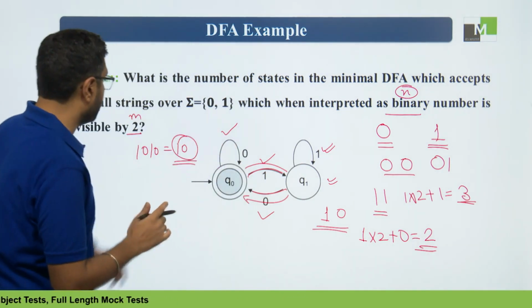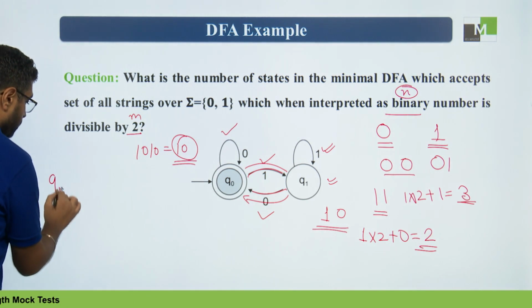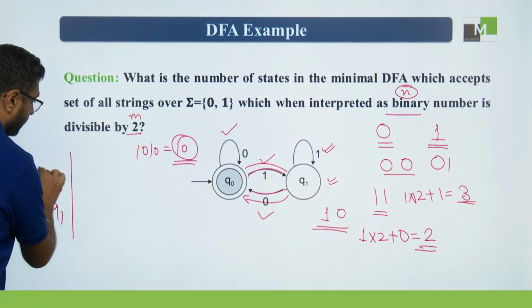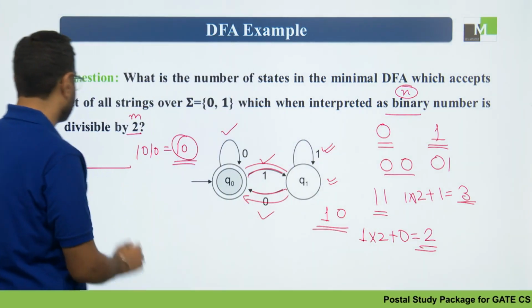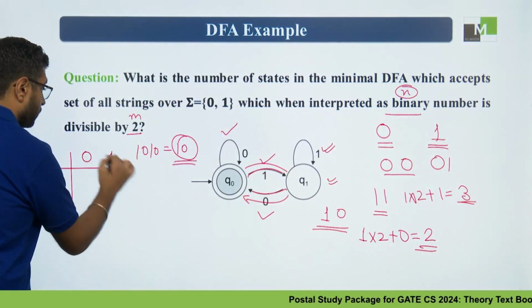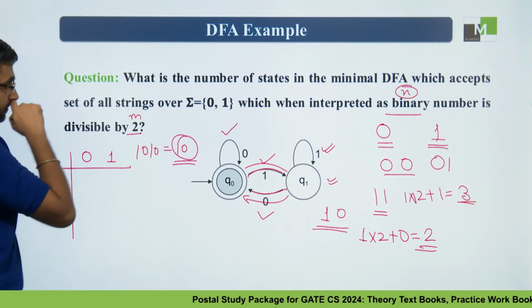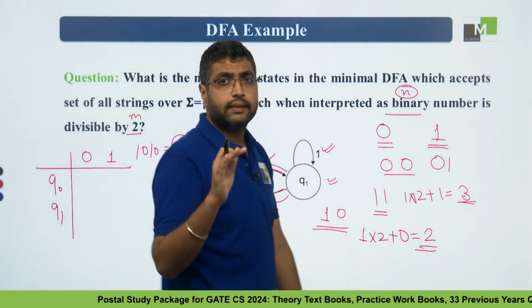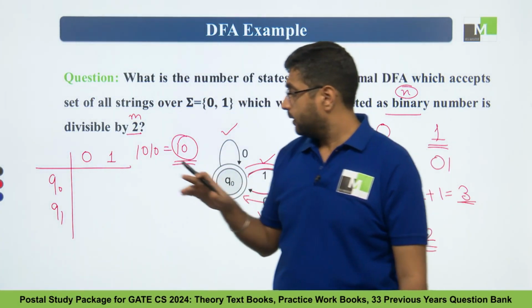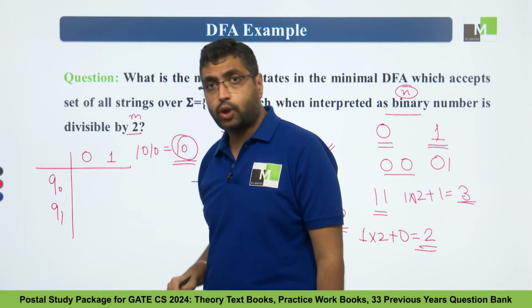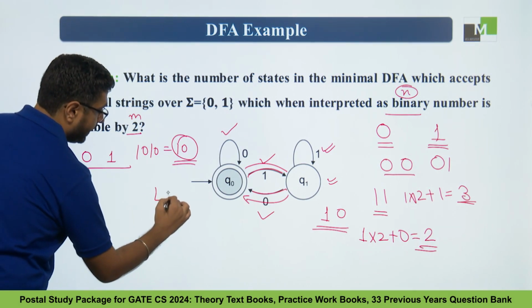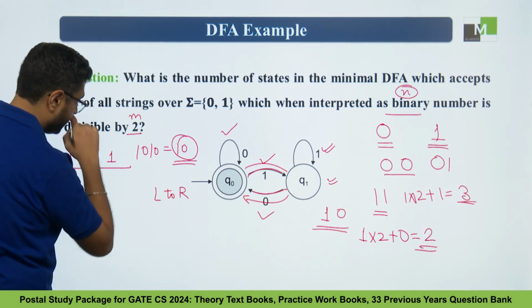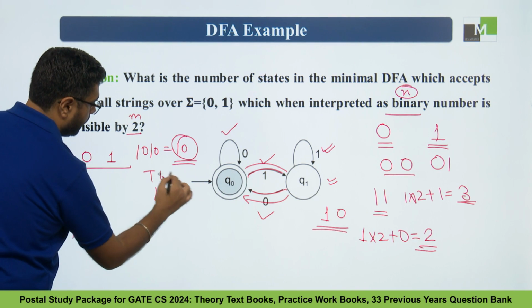Here you are dividing by 2, so the transition function will have two states, q0 and q1, and since it's binary, sigma has two symbols, 0 and 1. What you have to do is fill the states in a cyclic order starting from the top: top to bottom, left to right.